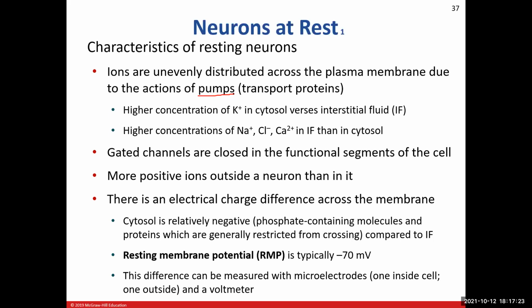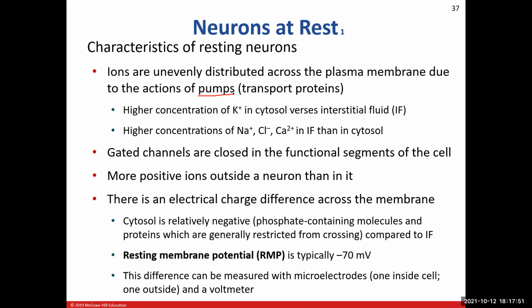The other type of pump we also see in the plasma membrane, but only down in the transmissive segment, which is the synaptic knobs, is the calcium pump, and that pumps calcium out of the cell and into the interstitial fluid. So we have this uneven distribution of these substances due to the actions of the pumps.